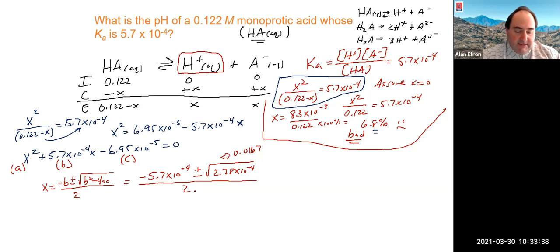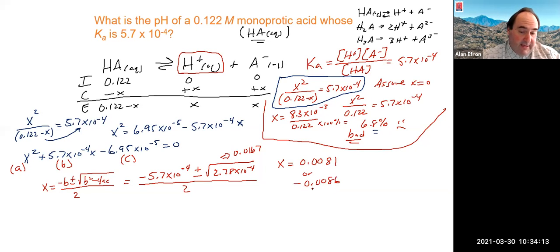So doing the plus here, divided by 2, gets us something like an X value of 0.00, we'll call it 81. Or if we go negative, which is probably not going to be a good answer for us, or the subtracting, I guess is a better way of saying that, going to give us a negative value of minus 0.0086.